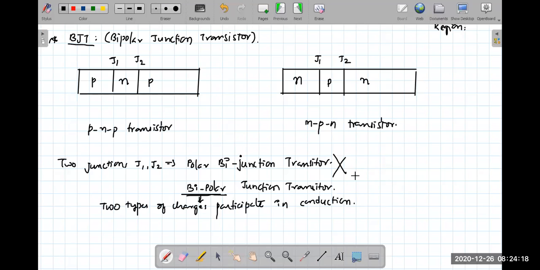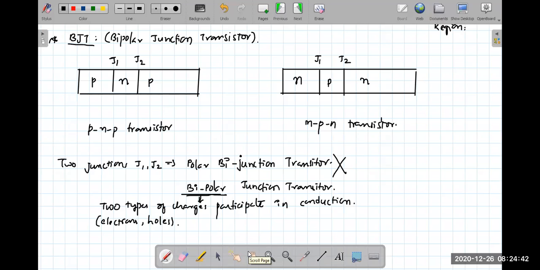Understood? What are these two types of charges? Electrons and holes are the two types of charges which are taking part in conduction. So in a bipolar junction transistor, just like a diode, electrons and holes both take part in conduction. That's the reason why we call it bipolar junction transistor.